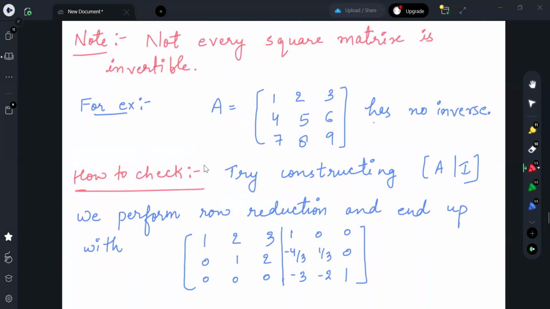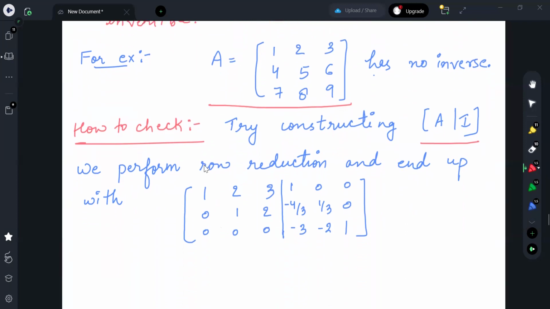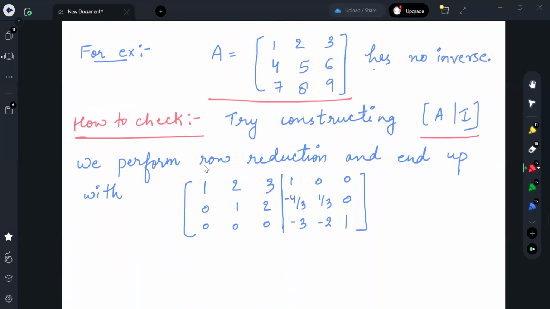We will construct the augmented matrix here, A slash I. I'm considering this example right here, A equals 1, 2, 3, 4, 5, 6, 7, 8, 9. Try constructing the augmented matrix and start row reducing A. What you will notice is you will end up with a row entirely consisting of zeros.